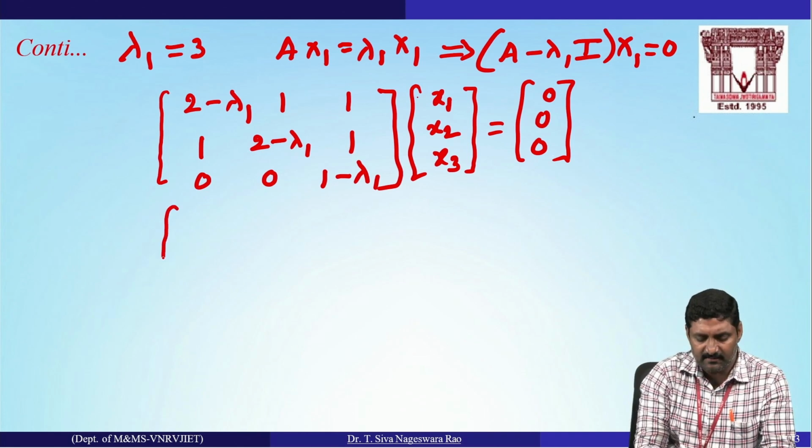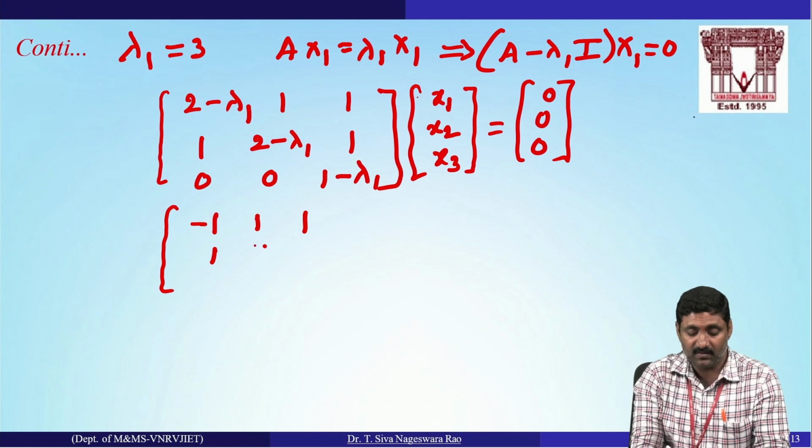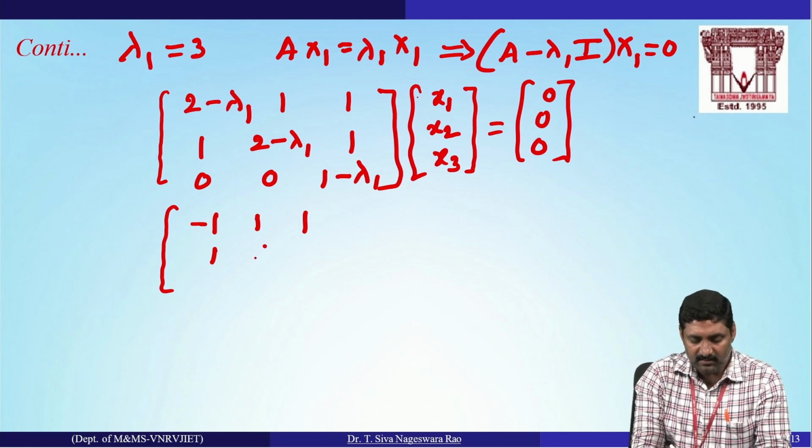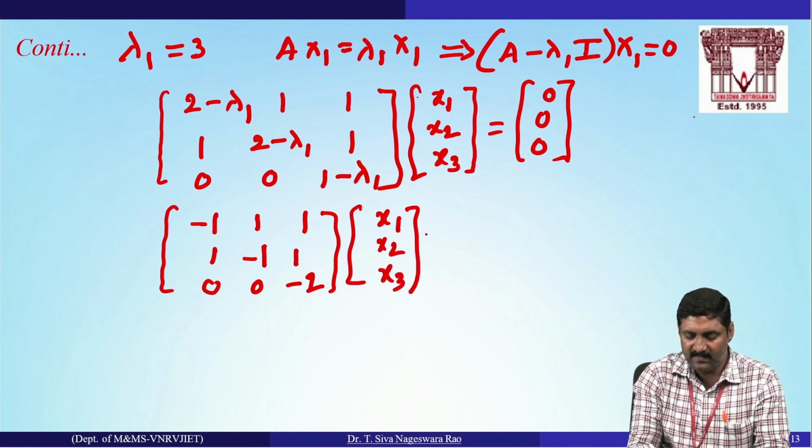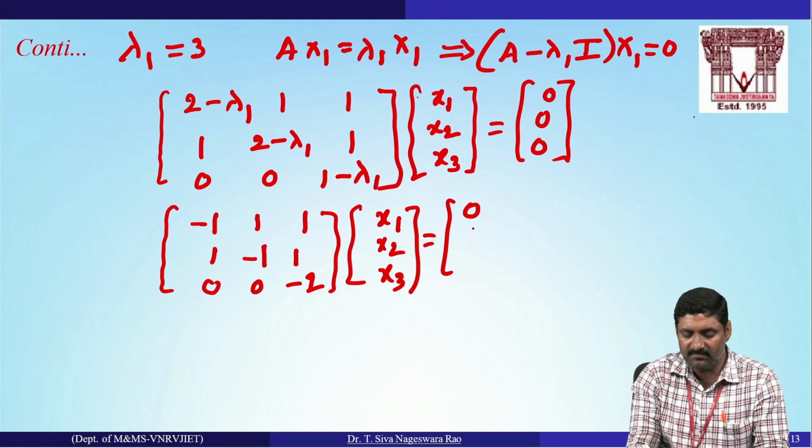Now substituting 3 in place of lambda 1, we get minus 1, 1, 1; 1, minus 1, 1; 0, 0, minus 2, multiplied with x1, x2, x3, equal to the column matrix 0, 0, 0.